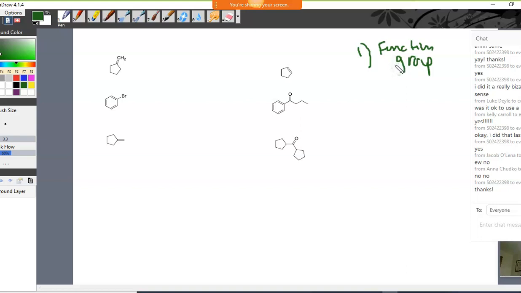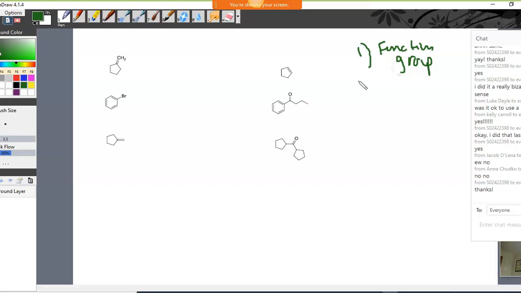Am I taking away carbons? Do I have the same amount of carbons? Because based off of that, we'll tell you if you are going to be doing Grignards or acetylides or anything like that. If you have to do a Grignard, then you know an alcohol is involved. An alcohol is kind of a central functional group. You can pretty much get to any functional group from an alcohol.